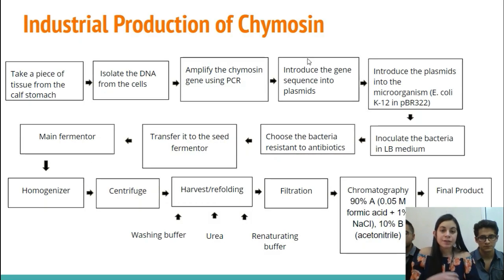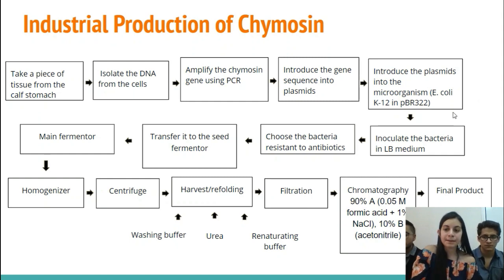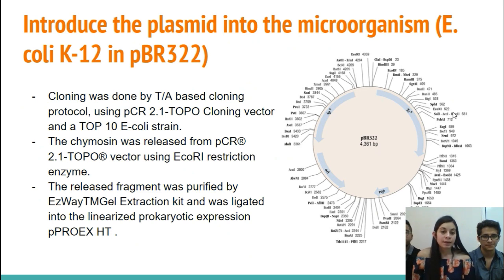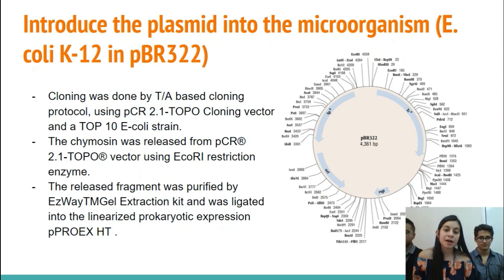After the amplification, it is important to introduce the gene into the plasmid and the plasmid into the microbe, that in this case we are using E. coli, K12 strain in pBR322 plasmid. This cloning is done using a TA-based cloning protocol using a pCR 2.1 TOPO cloning vector and a TOP10 E. coli strain.